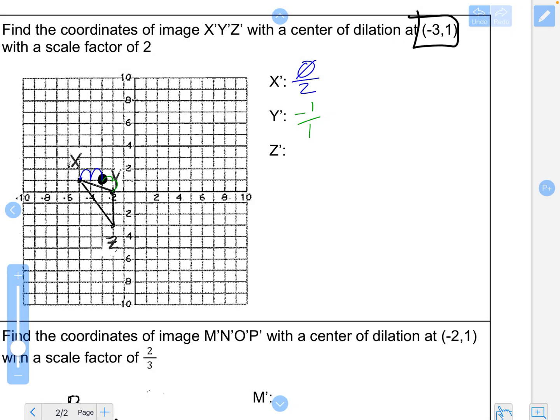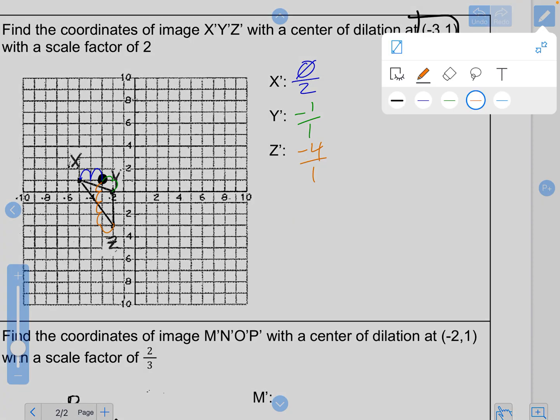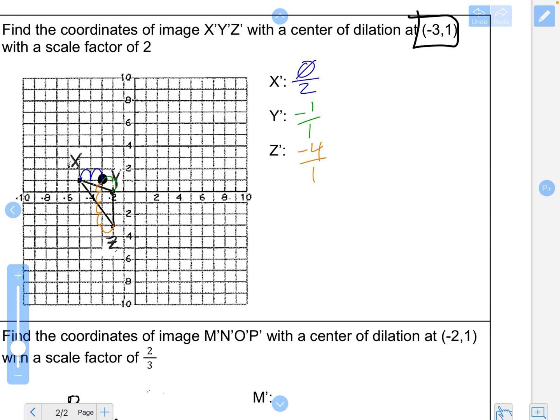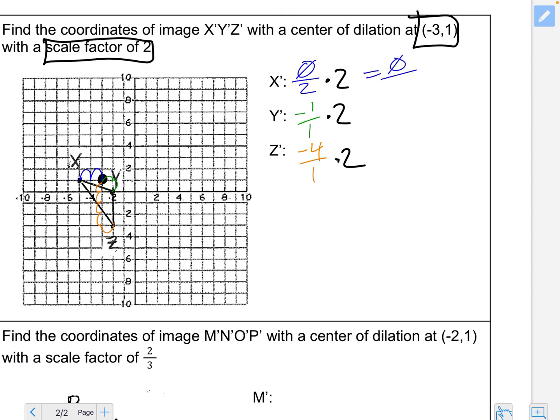And then for Z, it is down 1, 2, 3, 4 over 1, so negative 4 over 1. This time my scale factor is 2. So I'm going to multiply by 2, multiply by 2, multiply by 2. So 0 times 2 is 0, 2 times 2 is 4.